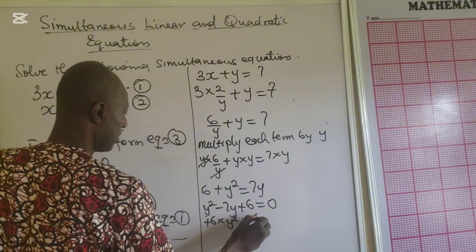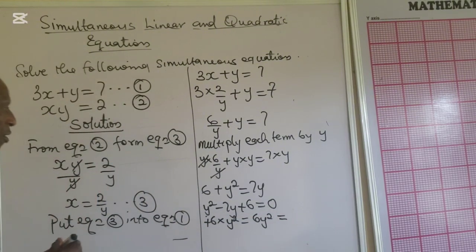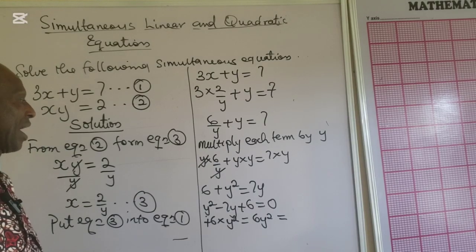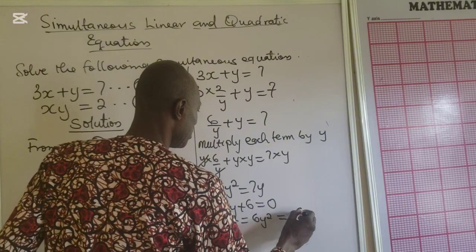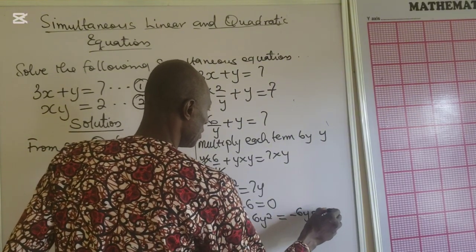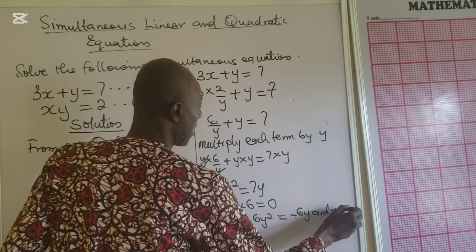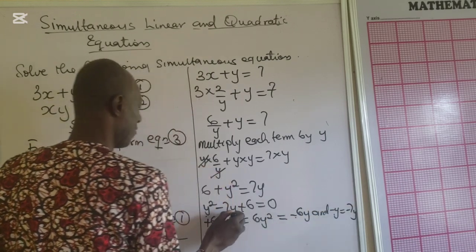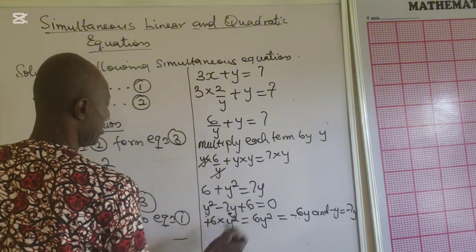That gives us 6y squared. What two values multiplied will give you 6, and when added give minus 7? The two numbers will be negative. It's minus 6y and minus y. Minus 6y minus y gives us minus 7y. I have satisfied this. Minus 6 times minus 1 is plus 6.